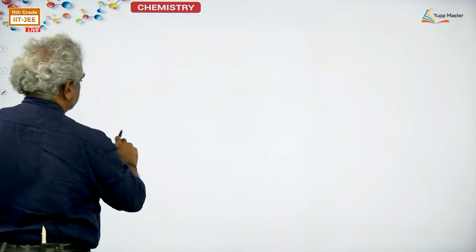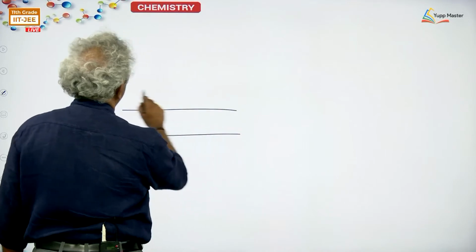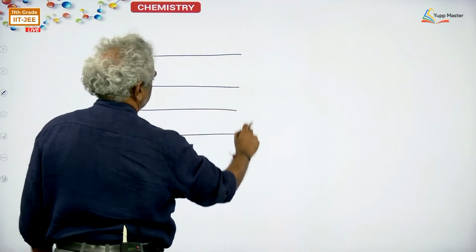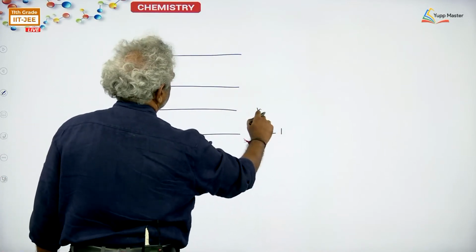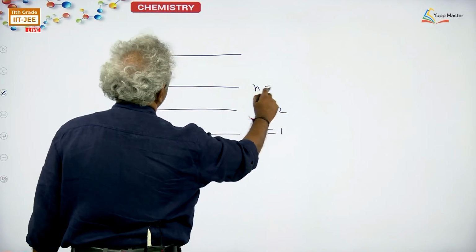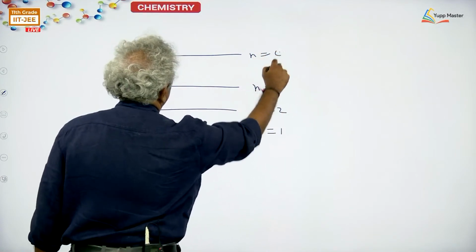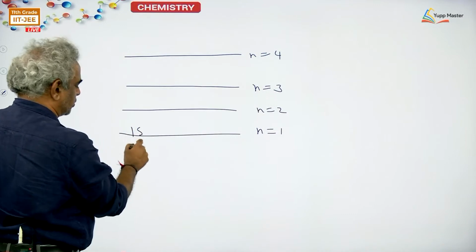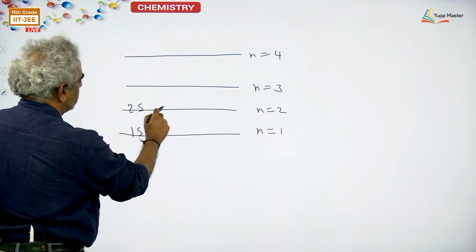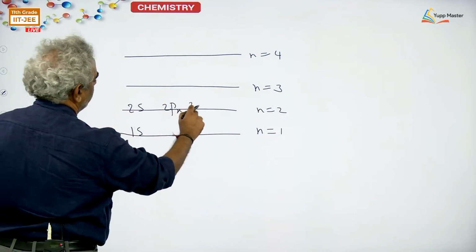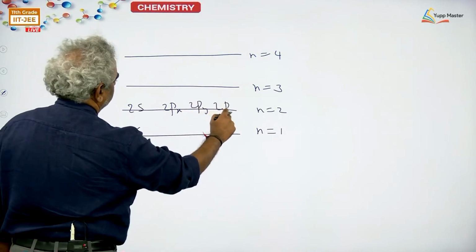Suppose you take the list of all the quantum mechanical states available, all this for the hydrogen atom: n is 1, n is 2, n is 3, n is 4. You have got the 1s wave function, and you have got 2s and 2px, 2py, 2pz.